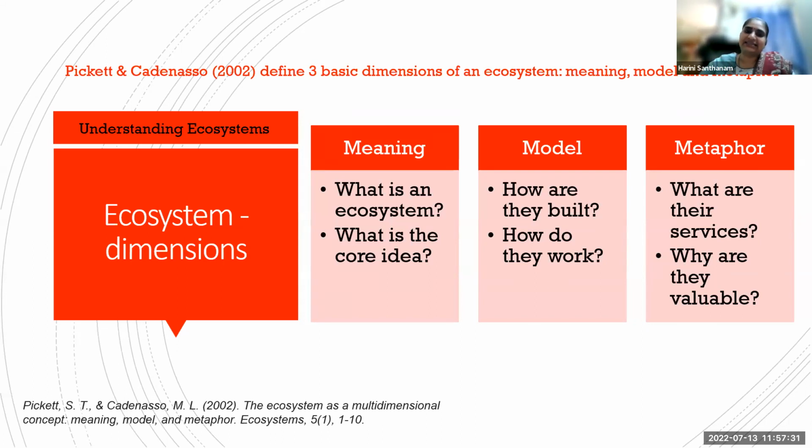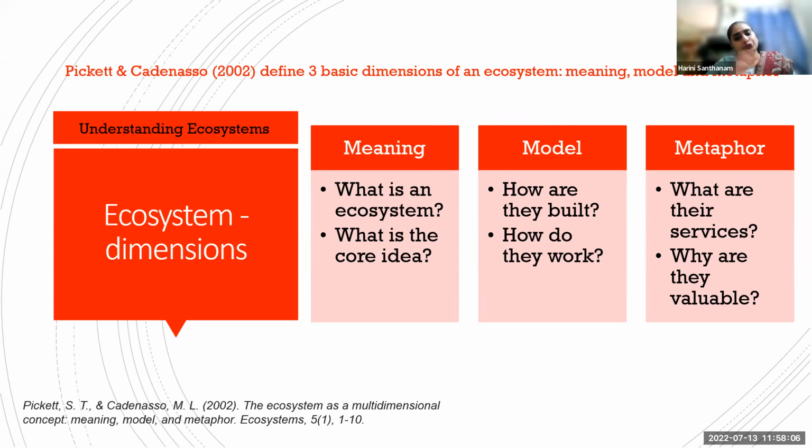But with the pathways and the complexities that we just discussed, we understand that we have to model these processes, model how the ecosystem functions, what are the system components, and how these components function internally and externally, also in reference to the internal and external stimuli. So here, the modeling part of an ecosystem, how they are built and how they work, they are very important dimensions for us to understand if we have to understand what an ecosystem is.